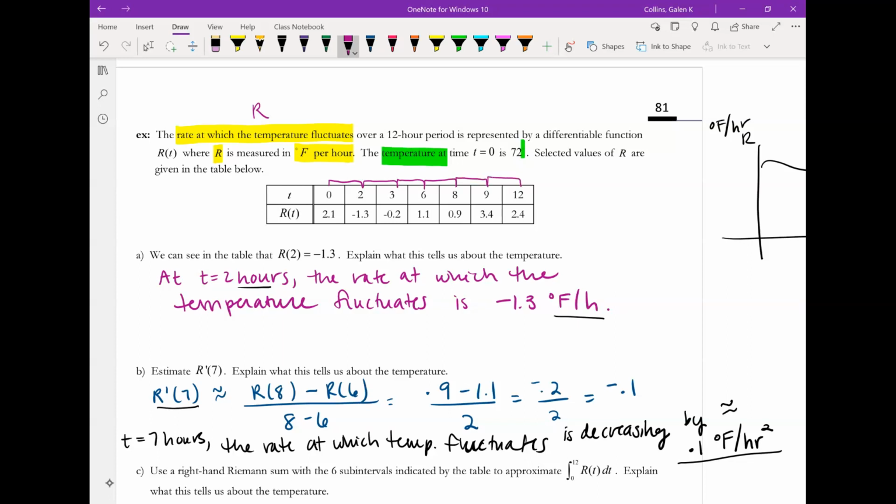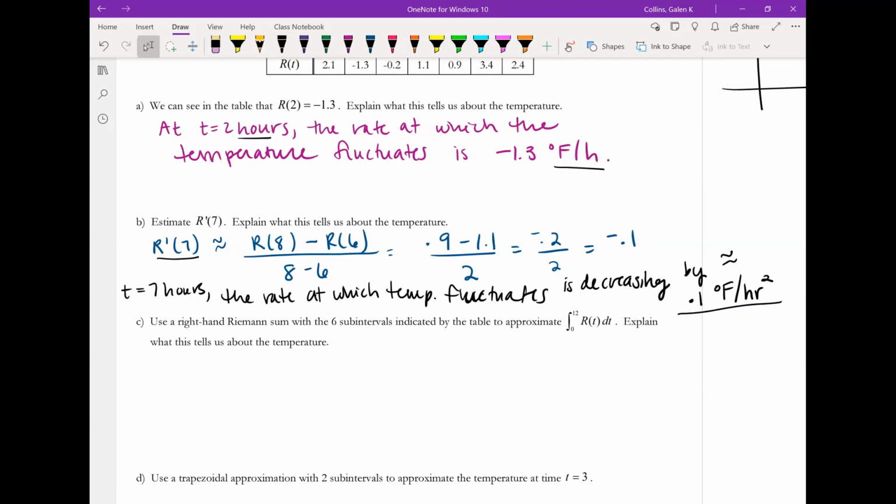You have to be careful though, because delta t is not consistent. So delta t is 2, then 1, then 3. So from 6 to 8, that's a change of 2, 8 to 9, a change of 1, and 9 to 12, a change of 3. So I like to write those above my rectangles.